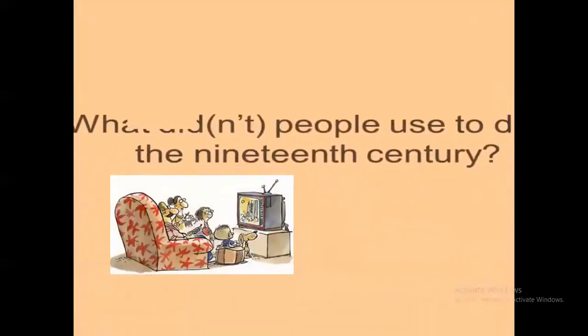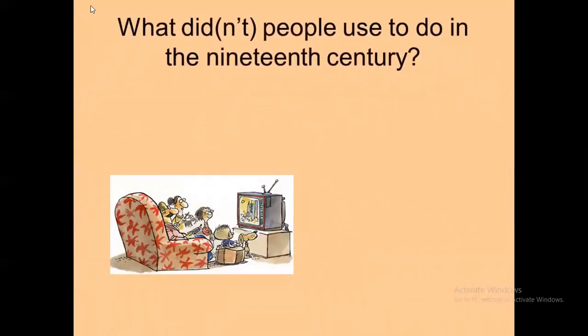Okay, let's have more examples. As you can see, what did the people use to do in the 19th century? In the past, in the 19th century, that's too long ago, people used to do things that we don't do nowadays. Like what? Let's have a look. You have a picture here.